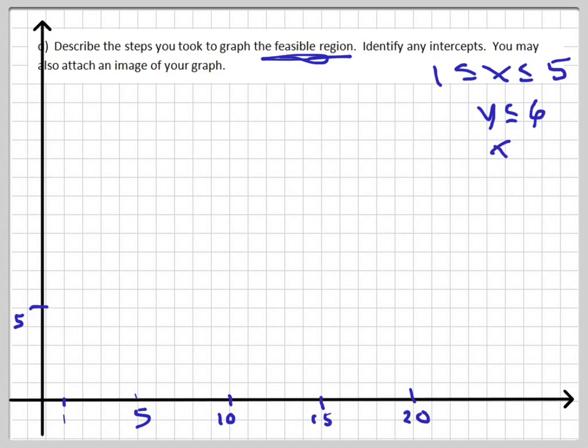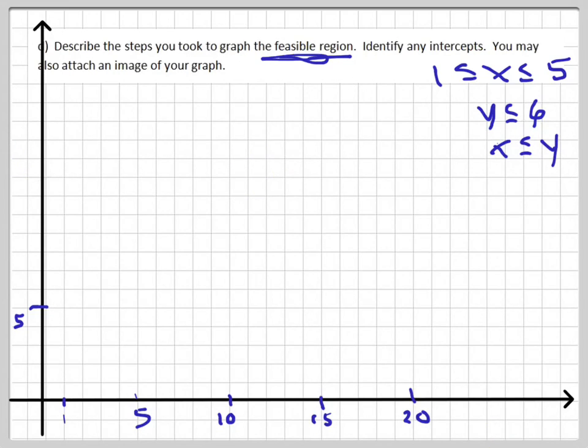I have X is less than or equal to Y. And then I have the fact that my two variables are positive. All right, so notice I've already drawn only the first quadrant of this graph, only the portion where X and Y are positive. So we're kind of ignoring these other sections of your graph since X and Y must both be positive.